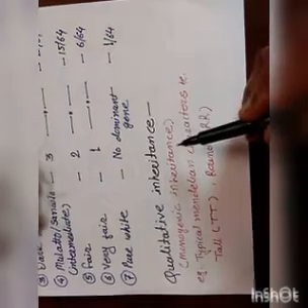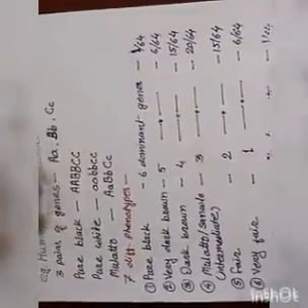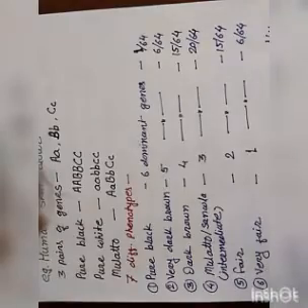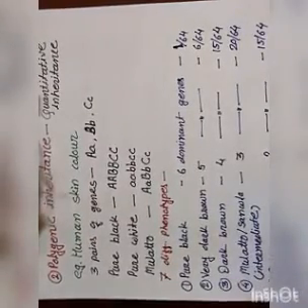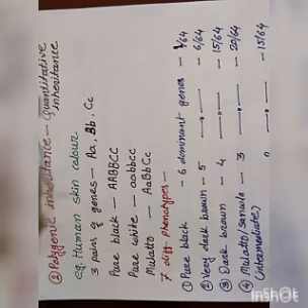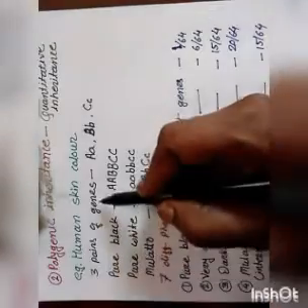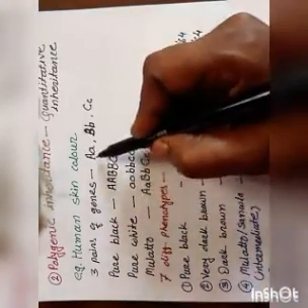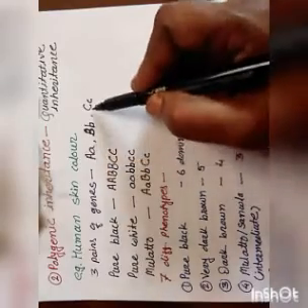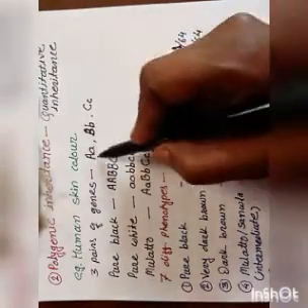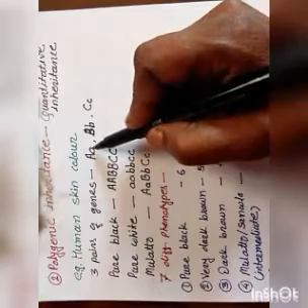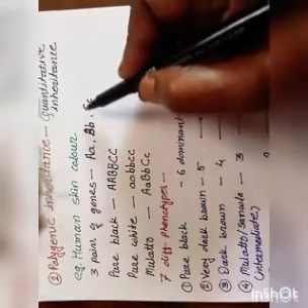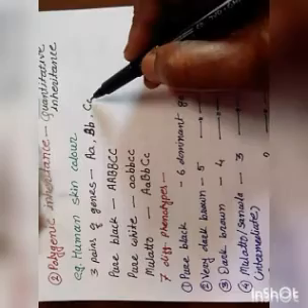Then we are dealing with polygenic inheritance in human skin color. In human beings, 3 pairs of genes are responsible for the expression of skin color, and these 3 pairs are capital A, small a, capital B, small b, capital C, small c.